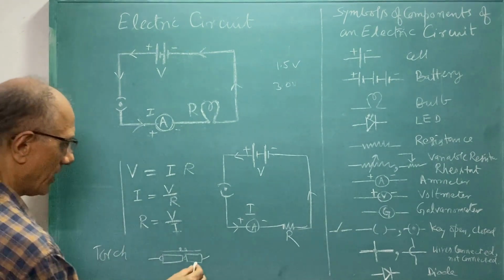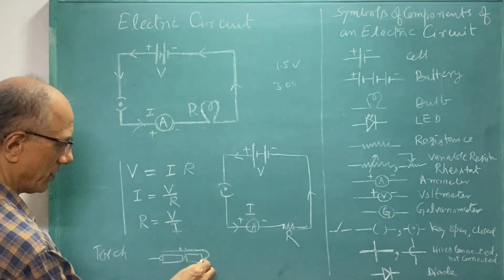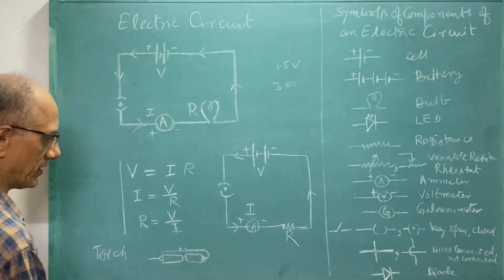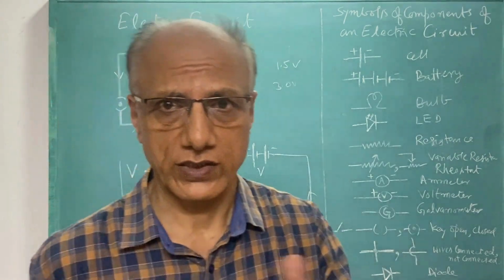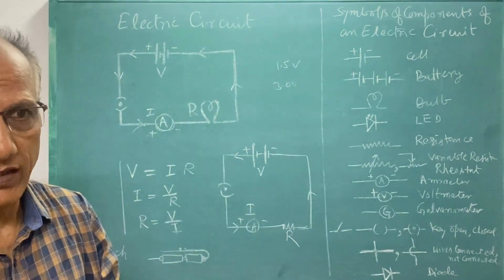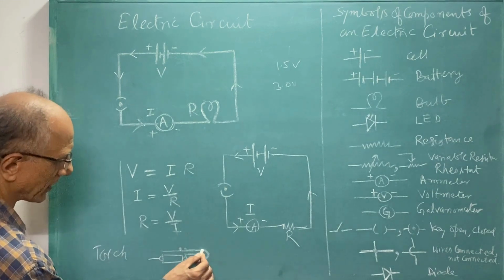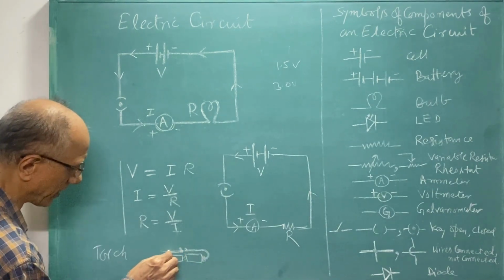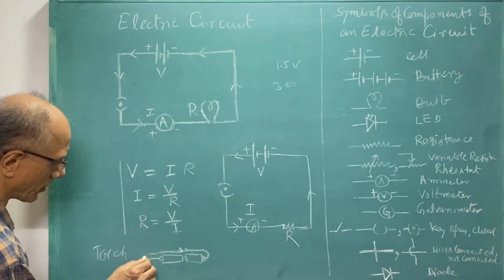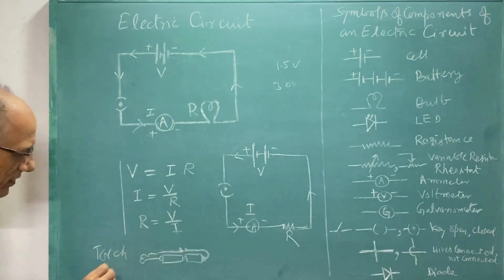This button is internally connected over here, from here you have the springs, and then this is connected internally, or the body of the torch itself is a connection. It is of steel, but in case of plastic there will be a connection inside, and the second is connected over here, and then it goes to the bulb. So one is there and the other is here.